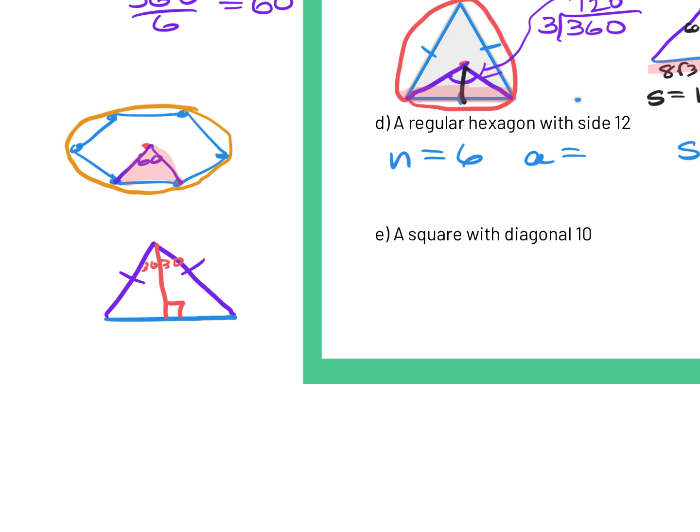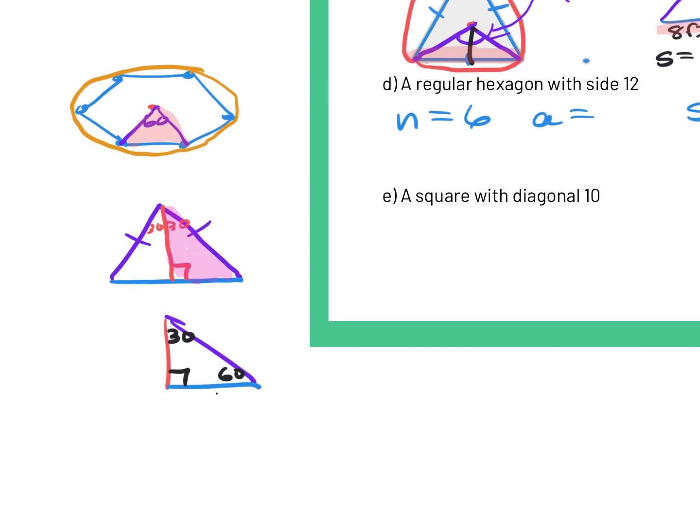Again, I'm only going to focus on part of it. So I'm going to go ahead and pull it out. So I've got the apothem, the radius, and then half of my side. So this is 30, 60, and the right angle. So this is x.